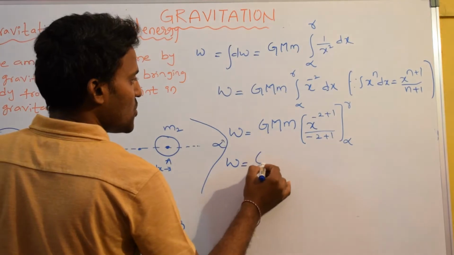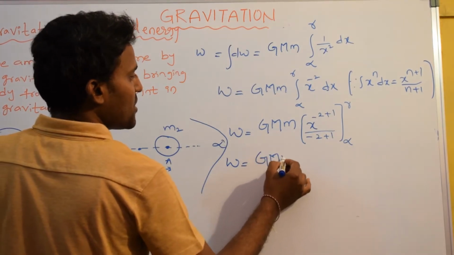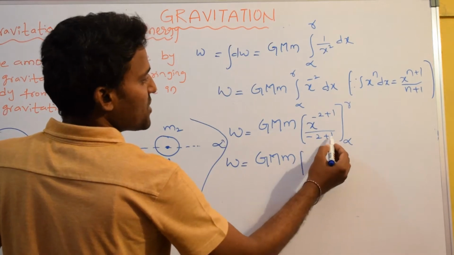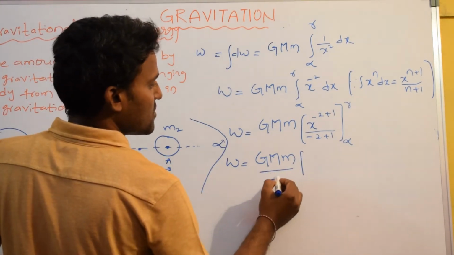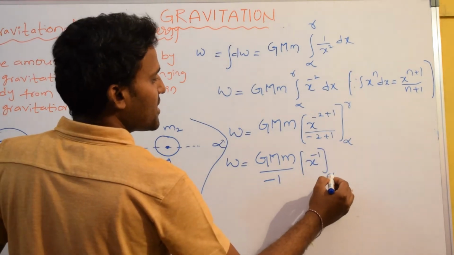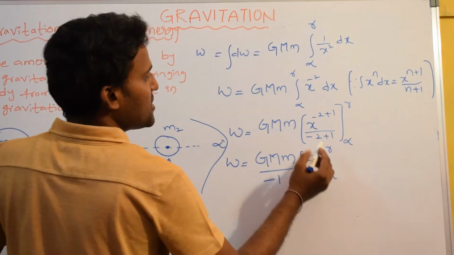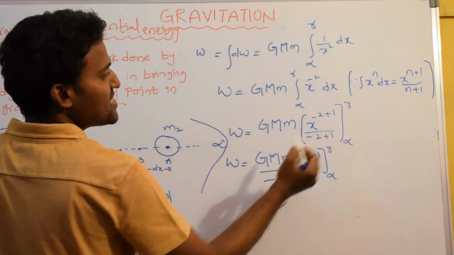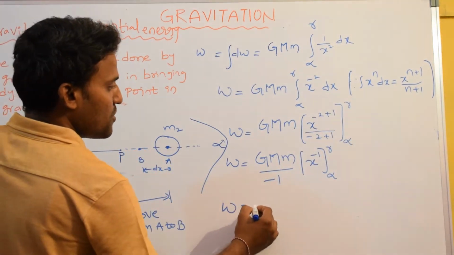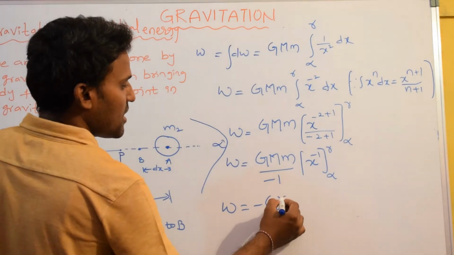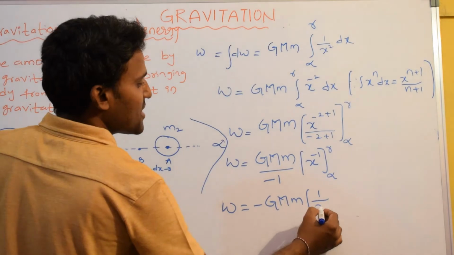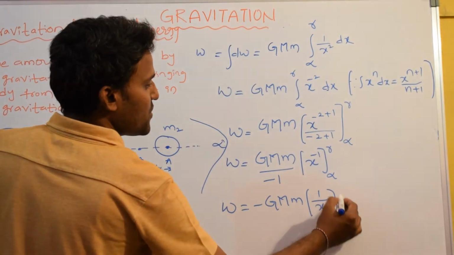W is equal to capital G, capital M, small m divided by minus 2 plus 1, that is minus 1, and x to the power of minus 1. After integration, the limits we have to write on the right side of the closed bracket. W is equal to minus G M m, x to the power of minus 1 written as 1 by x, from infinity to r.